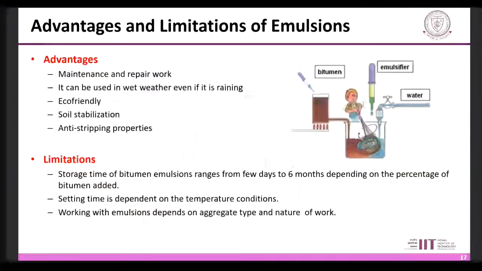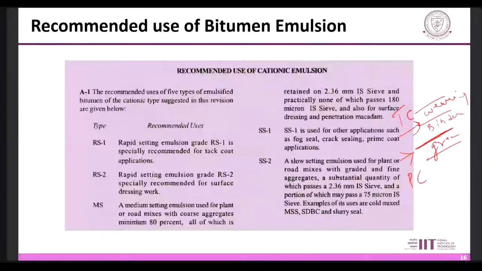Working with emulsion may depend on the aggregate type as well as the nature of work. Like I have shown, the emulsion is directly based on the nature of the work. SS2 is used for one application, RS1 is used for a different application. That is why it is dependent on the application, the road part, and the aggregate part also, because there are different types of emulsions.